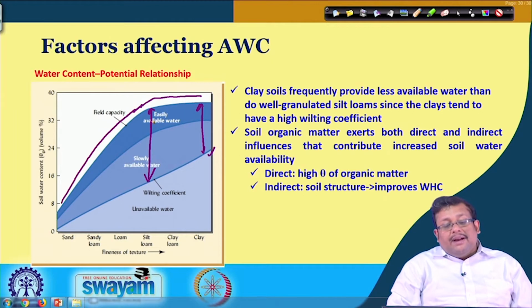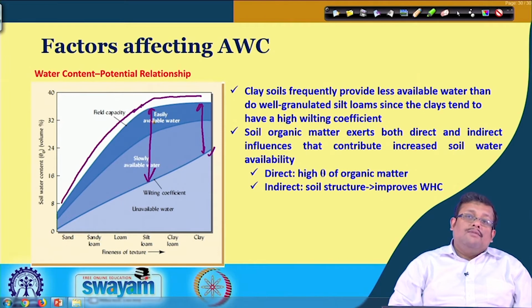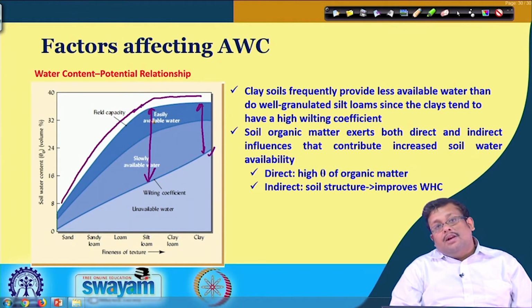Soil organic matter is also very important. Soil organic matter exerts both direct and indirect influences that contribute to increased soil water availability. In the direct effect, the high volumetric water holding capacity of organic matter adds to the water content of the soil. So when we add organic matter to the soil, its total water holding capacity increases.